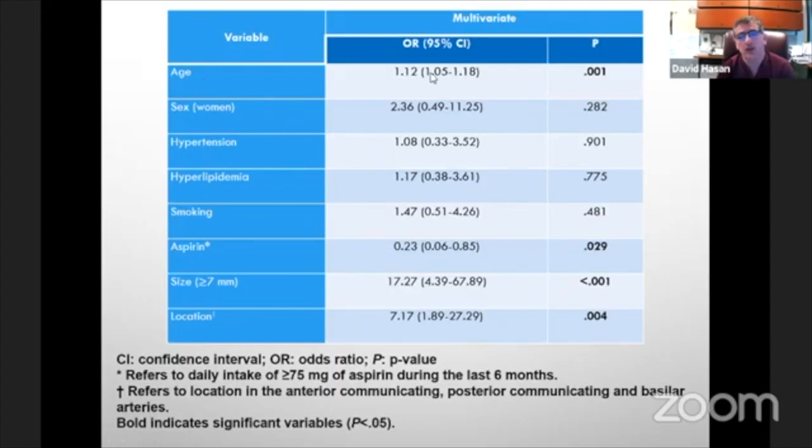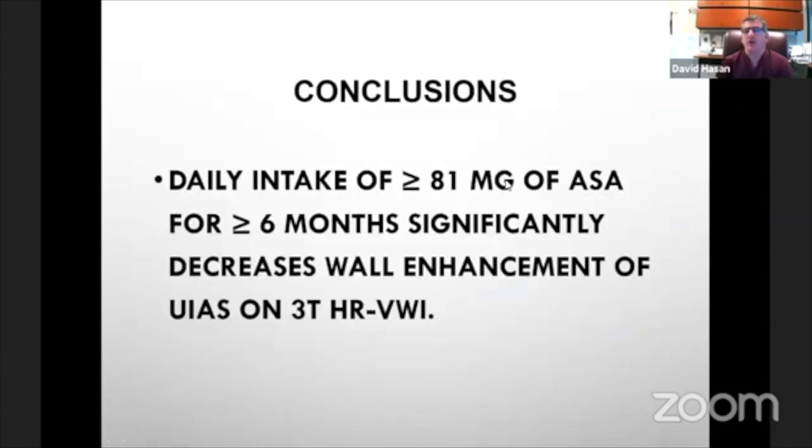And also the age: the older the patient, the higher the signal. We think that's because of atherosclerotic variables. But again, there are different ways of modulating the signal. And we concluded that this signal is truly a surrogate for inflammation because you can modulate that signal by modulating the inflammation with aspirin.